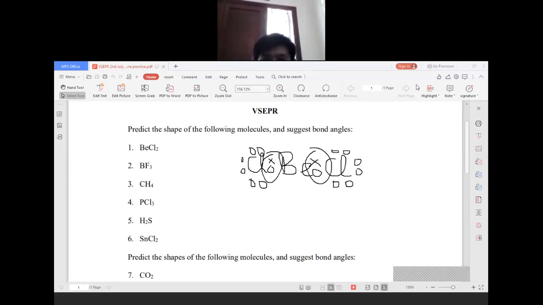Therefore, in hydrogen sulfide, there are 2 bond pairs and 2 lone pairs.